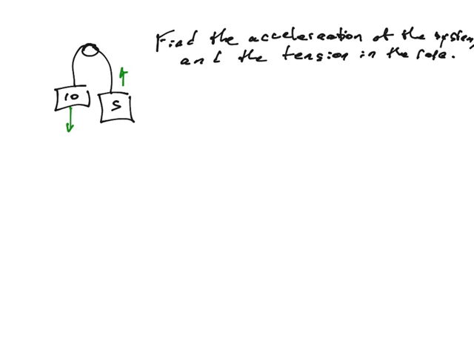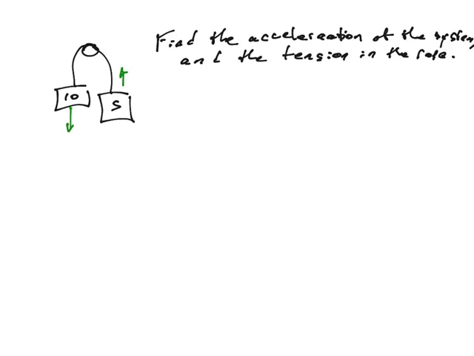How do I go about solving a pulley style of problem? No matter what problem you have, if it involves pulleys, you're going to go about this the same way. So take note of this. There's two pieces of my system. I've got two different blocks. Block of 5 kilograms and block of 10 kilograms.